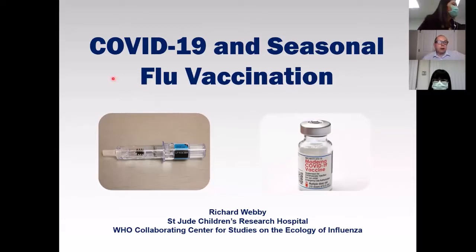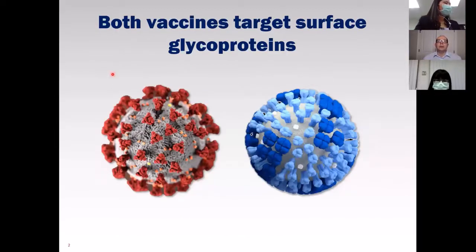So if we look at these two viruses, we have on the side in red the SARS-CoV-2 coronavirus, the causative agent of the COVID-19 pandemic, and here a representation of flu. If we're thinking about vaccination against these viruses, our approaches are actually pretty similar. Our vaccines against the coronavirus target this surface glycoprotein on the virus, the spike protein.